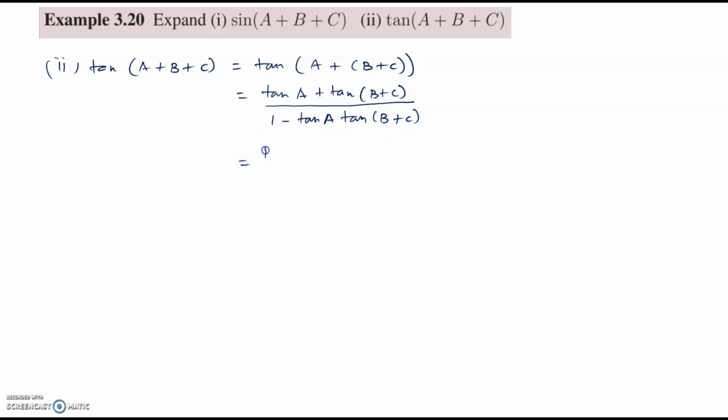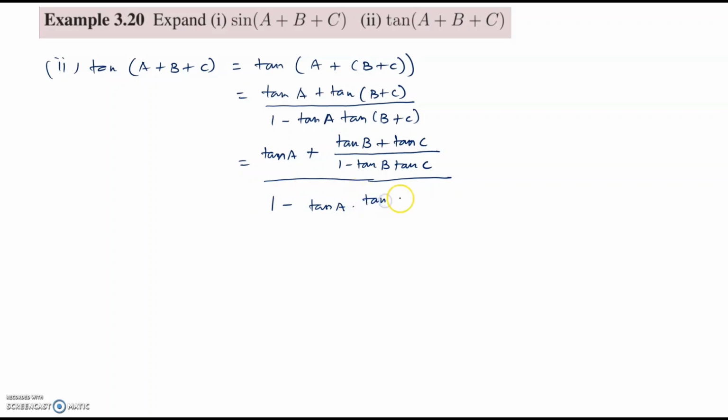So this will be equal to tan A plus (tan B plus tan C) divided by (1 minus tan B tan C), divided by 1 minus tan A into (tan B plus tan C) divided by (1 minus tan B tan C).